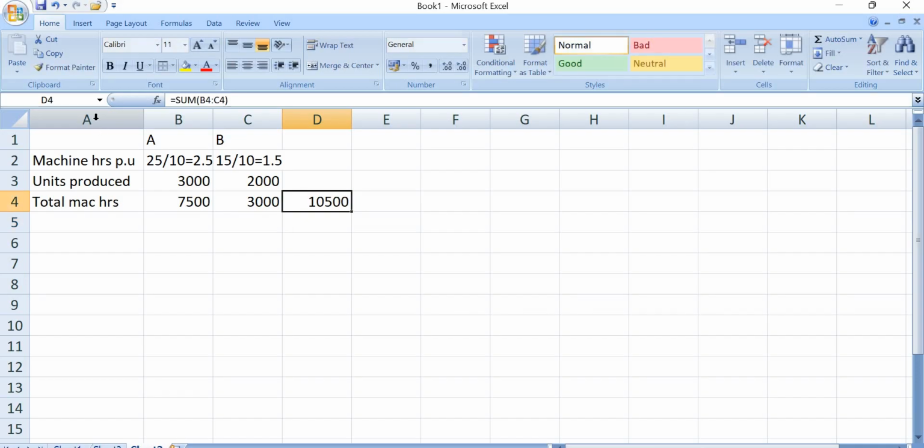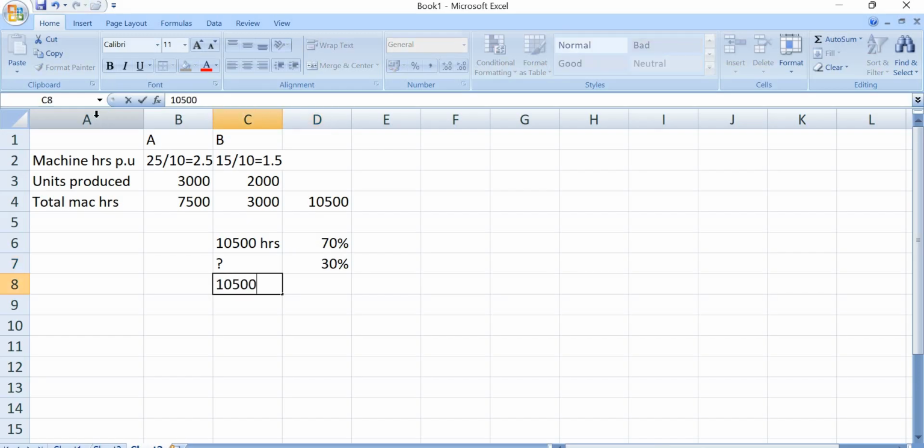This is for how much capacity? That is 10,500 hours required for 70% capacity, right? Now I want to calculate how many hours I have for 30% capacity. That means 10,500 into 30 divided by 70.